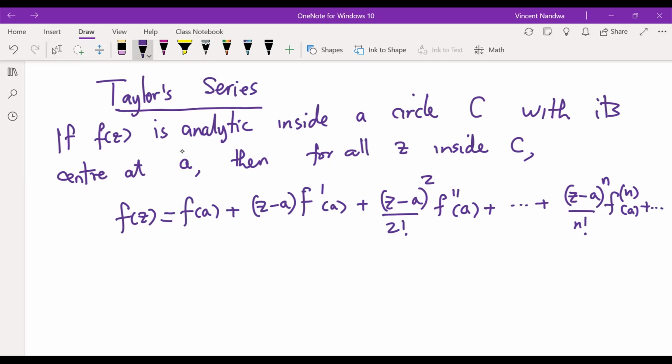So if a function f of z is analytic inside a circle C with its center at a, then for all z inside this circle C, f of z is given by this series. So this is the main statement.